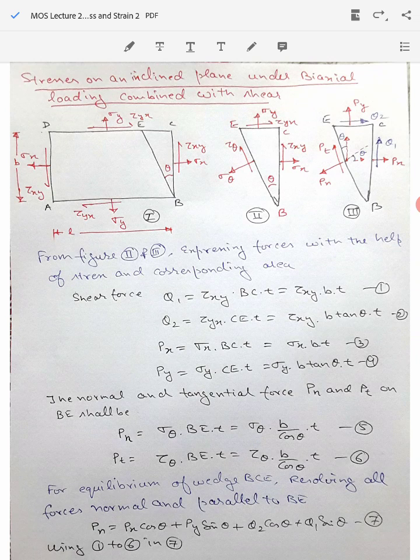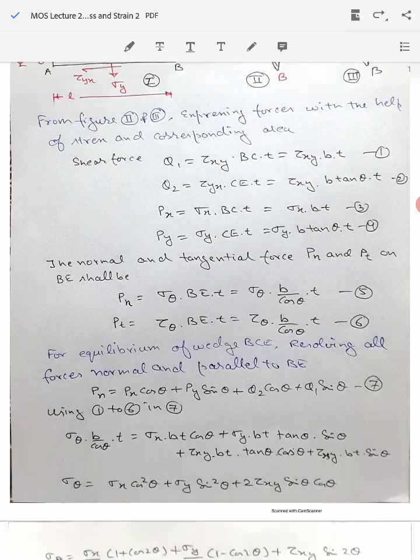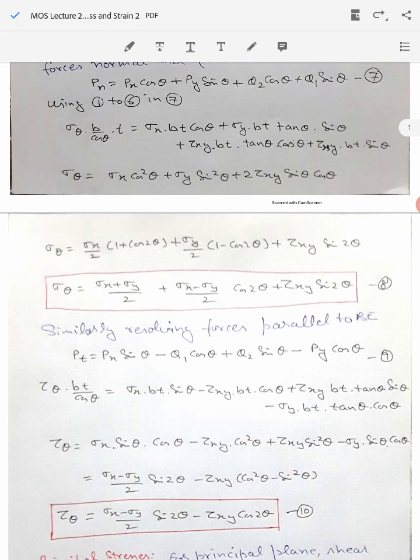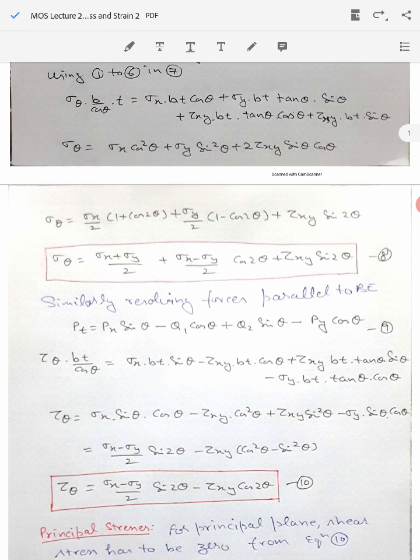And because Py and Q1 are acting at an angle theta with the surface BE, they will appear with cos theta terms. So Q1 cos theta and Py cos theta terms will come. But as they are acting in the opposite direction, there will be a negative sign preceding these values. So this is what is shown over here in expression 9.